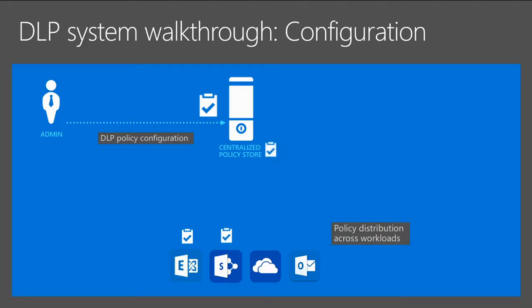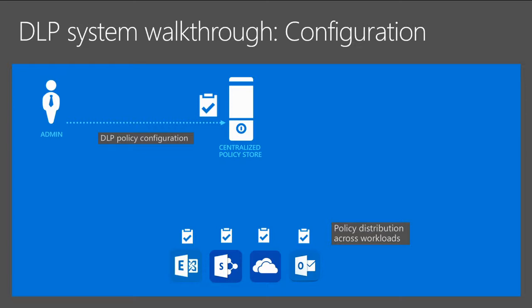That is things like Exchange and SharePoint, but it's also things like OneDrive and also the clients. So what you saw in Outlook, what you saw in Excel, PowerPoint, and Word, those are reaching and reading and evaluating the same policies that have been authored once and distributed across the suite.